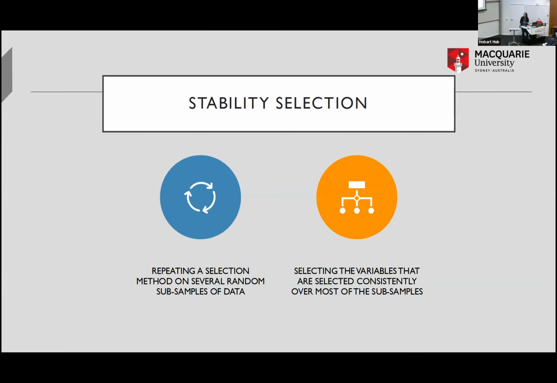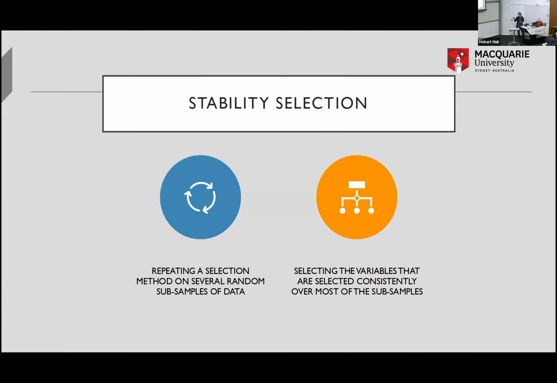Stability selection is a general framework which was first introduced in 2010 by Meinshausen and Bühlmann. And here the idea is, okay, instead of applying the variable selection algorithm on our original data set, let's draw several random resamples from the data set, apply the selection algorithm on each of them, and record the selection result.